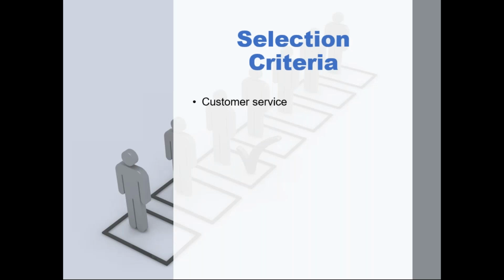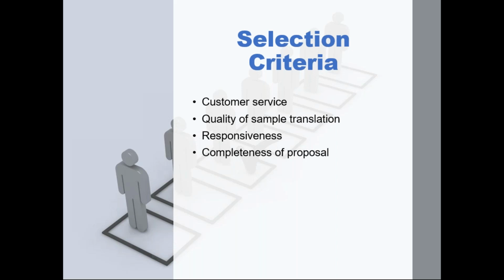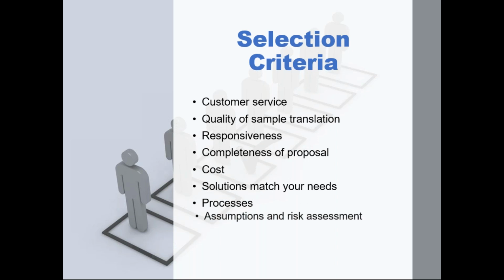Some of the things might include customer service, quality of a sample translation, the responsiveness, the completeness of the proposal, the cost, that you want to make sure that the solutions match your needs, and an understanding of the processes, as well as assumptions and risk assessment. And of course, you want to make sure it's a good fit, that the team is a good fit.